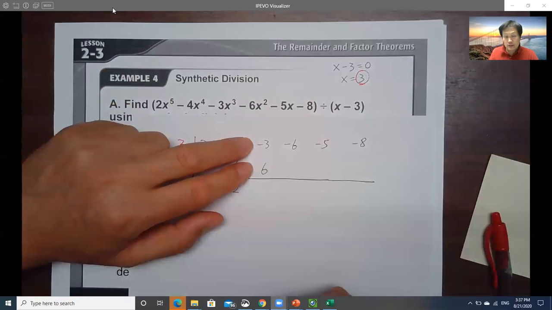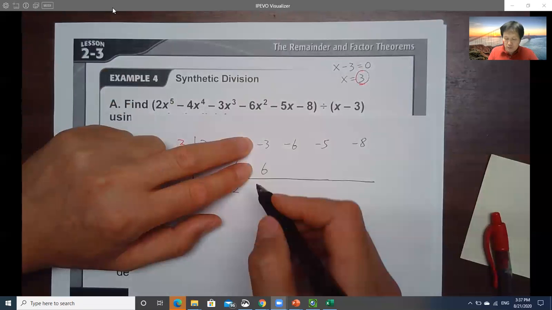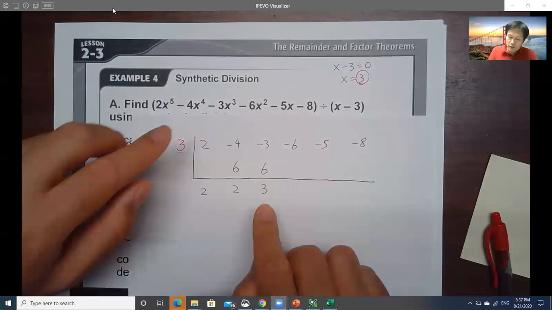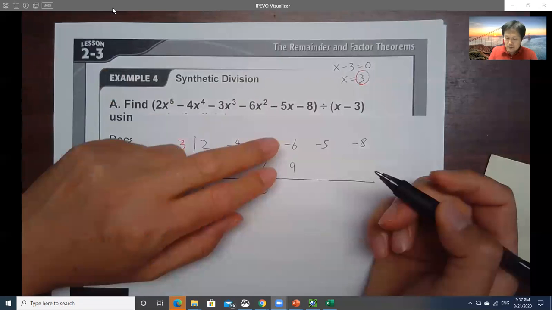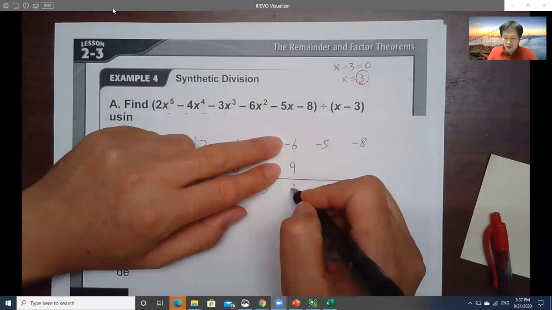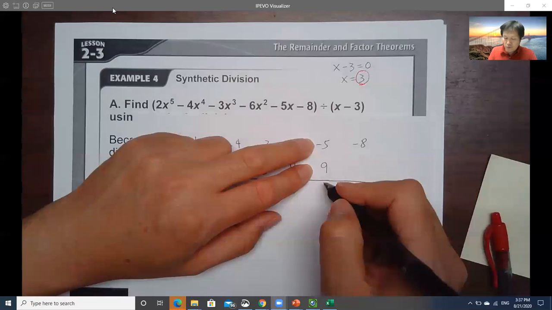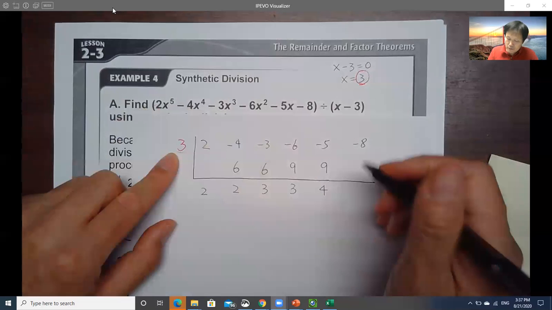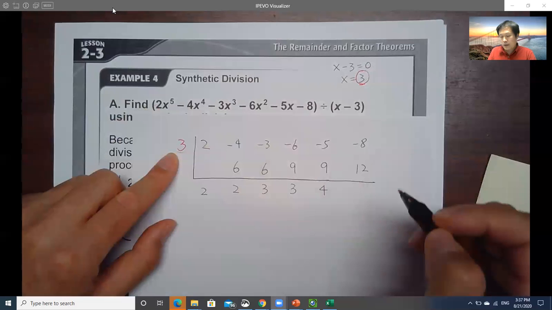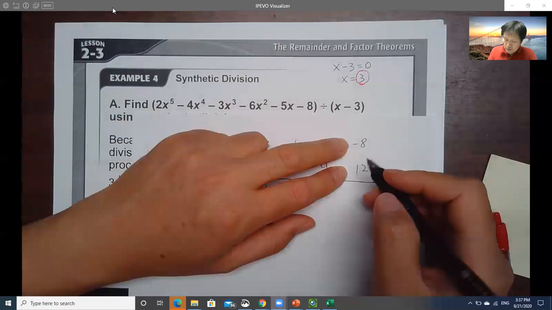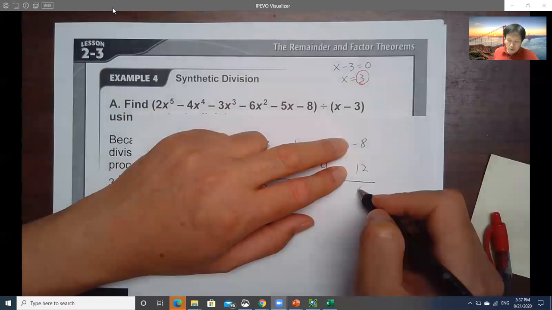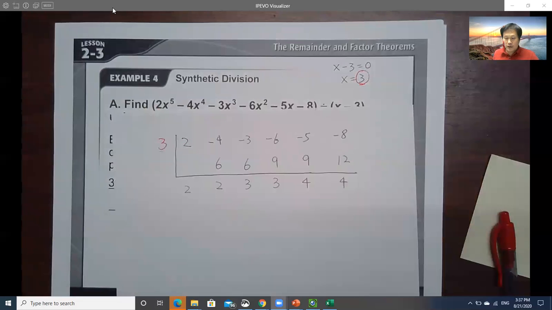Add, 3. Multiply, 9. Add, 3. Multiply, 9. Add, 4. Multiply, 12. Add, that's a 4. So calculation-wise, you're done.